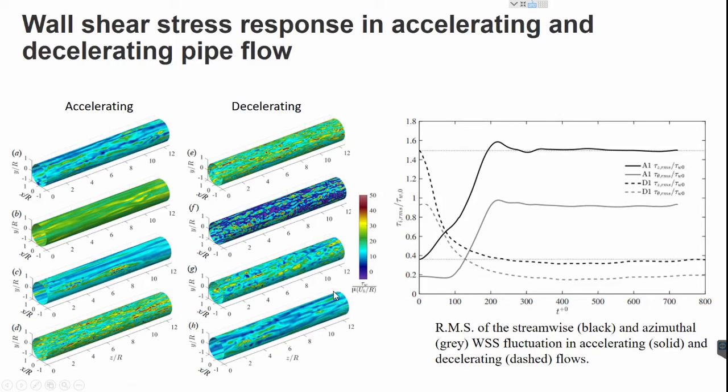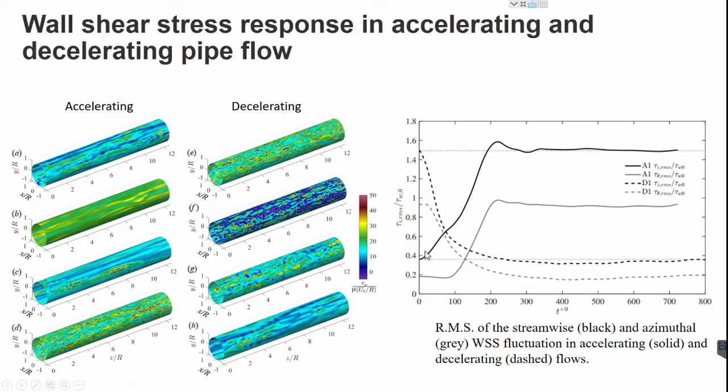A statistical way to understand this is to get the RMS in the wall shear stress, the root mean square of the wall shear stress in both directions, in the streamwise and in the azimuthal or tangential directions. The continuous lines are for the accelerating case and the dashed lines for the decelerating cases. So for the accelerating case, we can see that first there's an anisotropy.